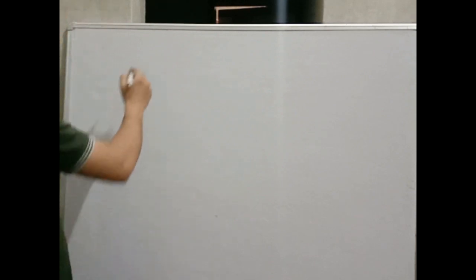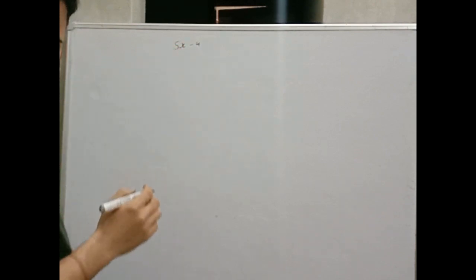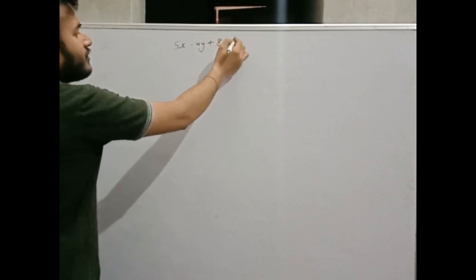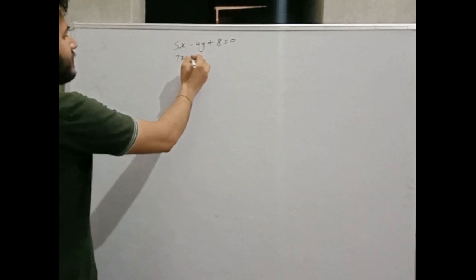On comparing the ratios A1 by A2, B1 by B2 and C1 by C2, find out whether the lines representing the following pair of linear equations intersect at a point, are parallel or coincident. Your first part is 5x minus 4y plus 8 equals 0, and 7x plus 6y minus 9 equals 0.